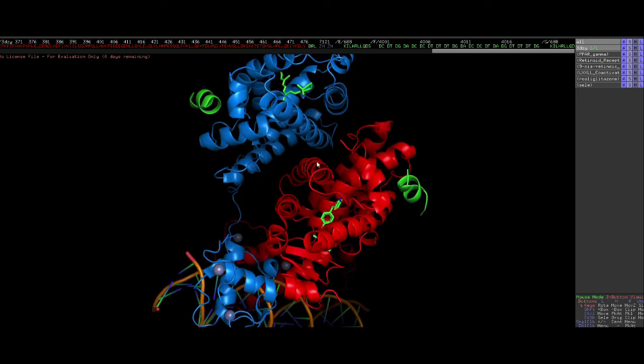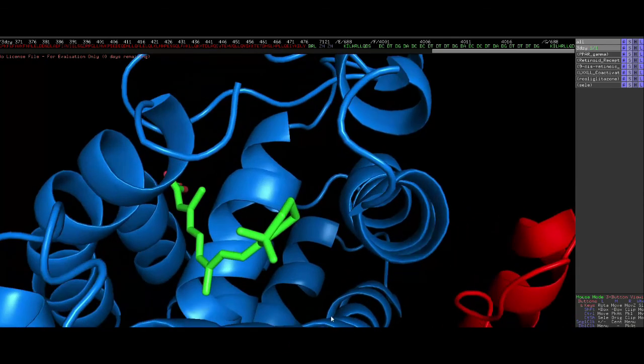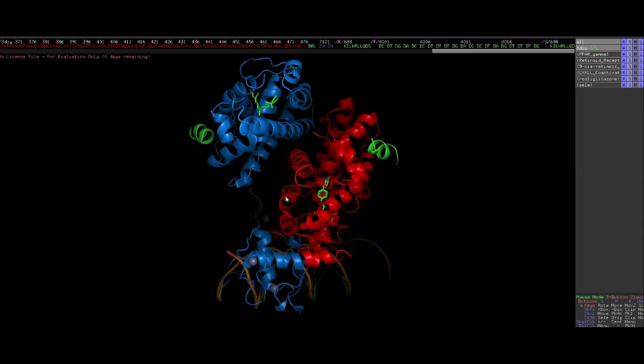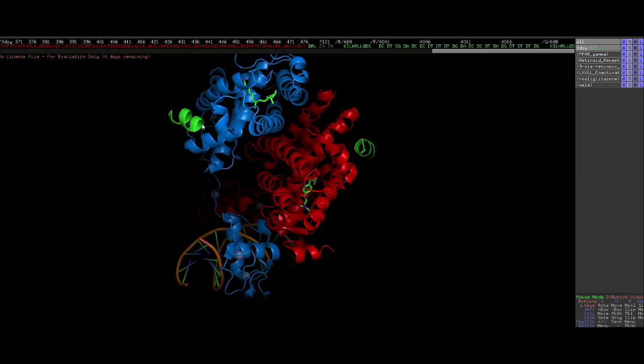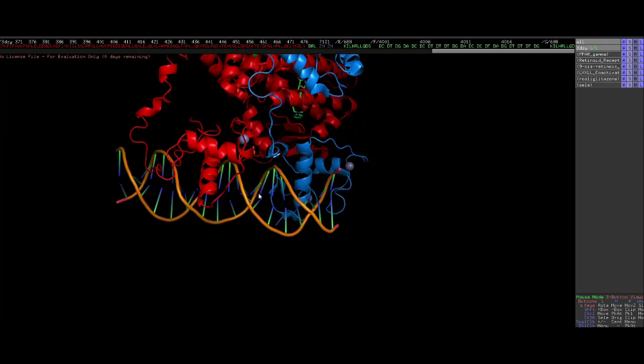So it's usually in the cytoplasm, sitting around waiting for its ligand to bind. When its ligand binds, there is a conformational change that allows this to associate with it, which then allows it to go into the nucleus, and then it comes down here and binds to the DNA.